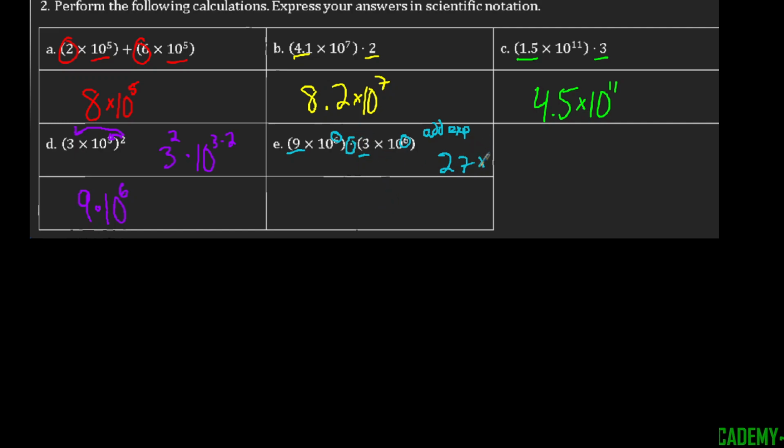So this is going to be times 10 to the exponent of 12. Make sure you make your number a little bit smaller though. So I have to have this number in between 1 and 10. So I have 2.7 times 10 to the exponent of 13. So make sure you're careful on how you set those up.